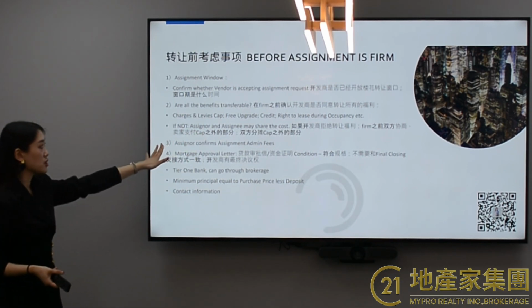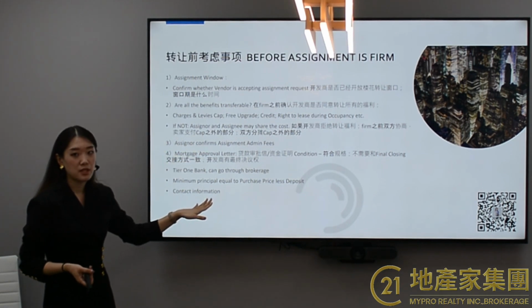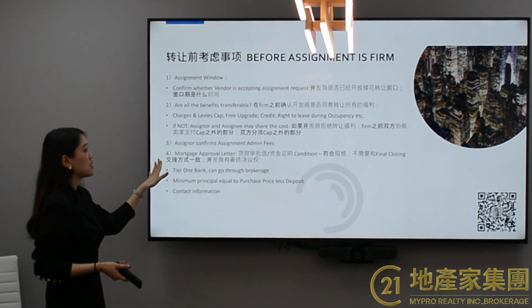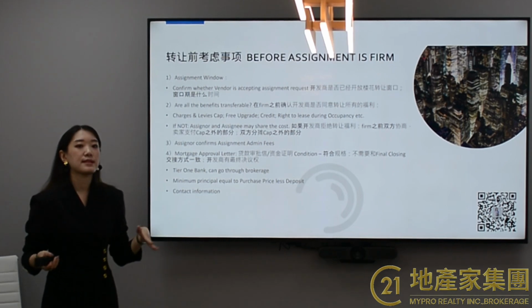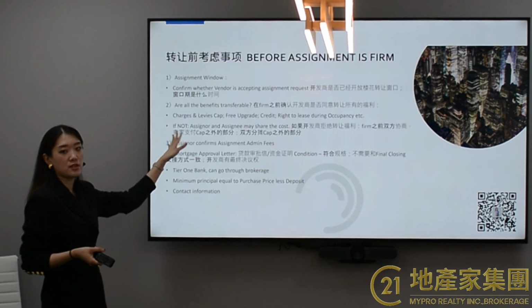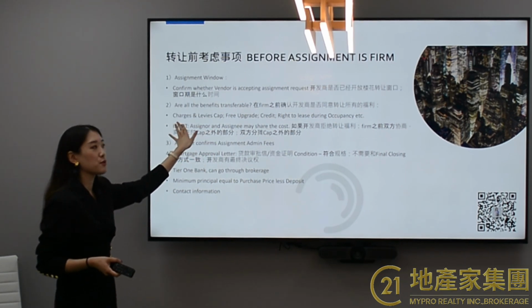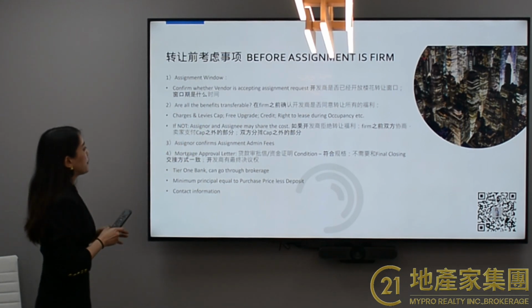But it's not certain whether the assignee can still get the same benefit after assignment. We have seen cases where the vendor is telling the assignee that once it's assigned, all of those benefits are waived. It's not transferable, it's not assignable. And this could be very expensive, right? Those could be worth a lot of money.